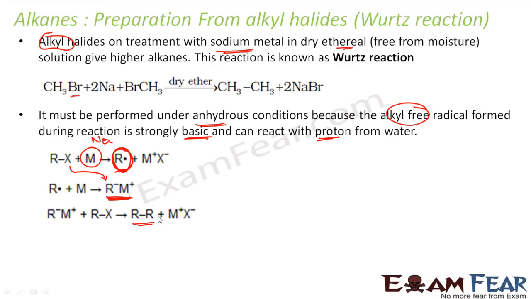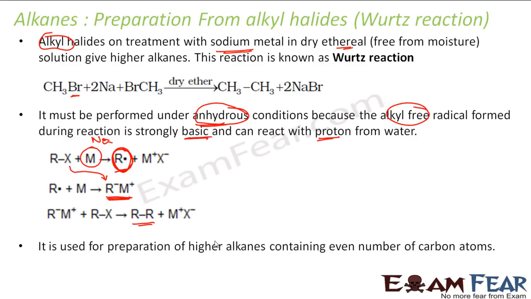So this is my reaction mechanism. Thus it is preferred that this be anhydrous, because if there is some water, this is very reactive and will react with a proton from the water. And please note, it is used to prepare higher alkanes with an even number of carbon atoms only.